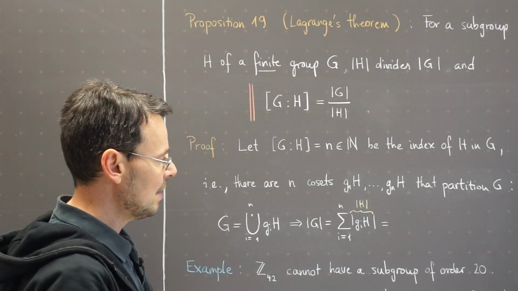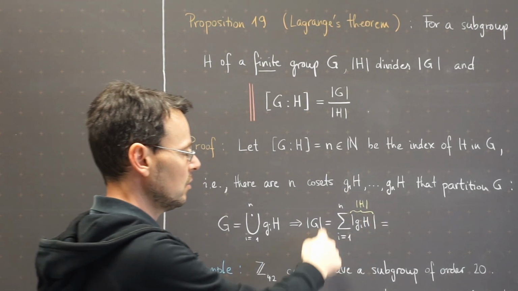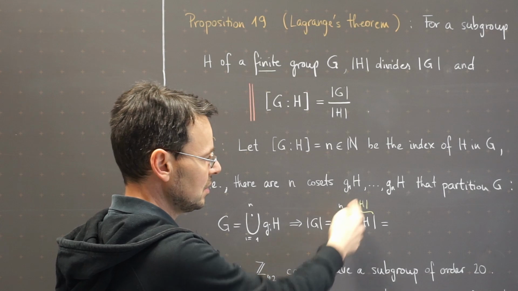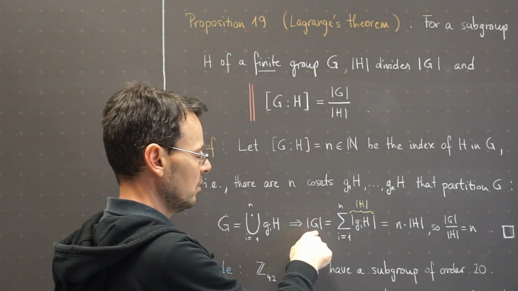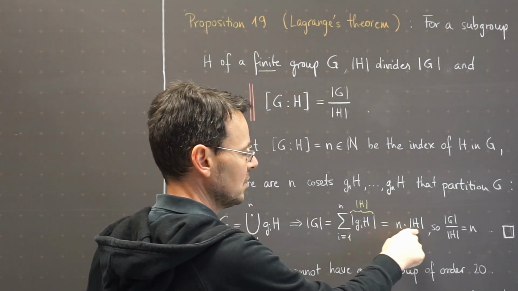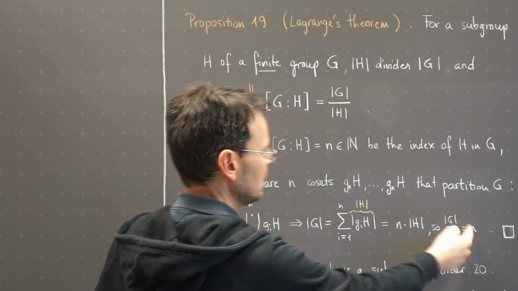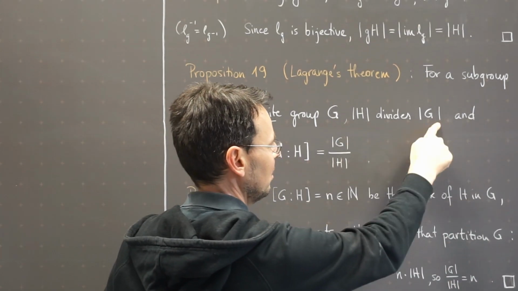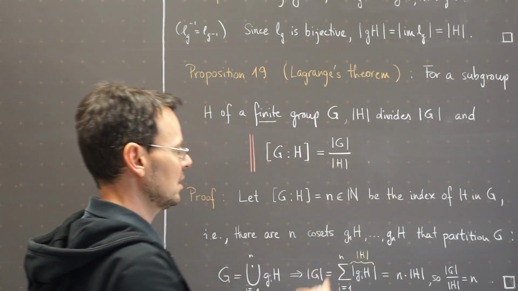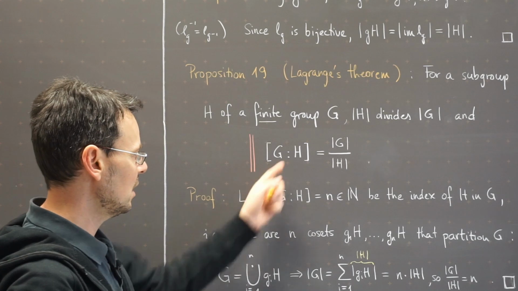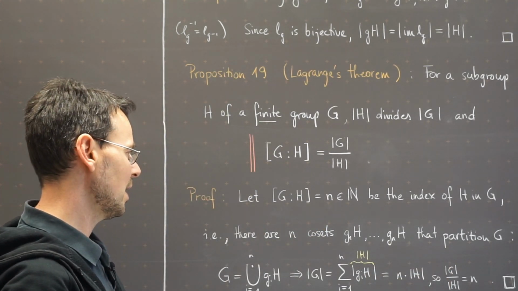But in the lemma above, we just proved that this is always the order of H. So I sum n times the order of H, and then I'm already done, because then the order of G is nothing but n times the order of H. So the order of G divided by the order of H is a natural number, which means exactly this. And since n was the index, this result here follows. The index n is exactly this quotient here, which is a natural number.